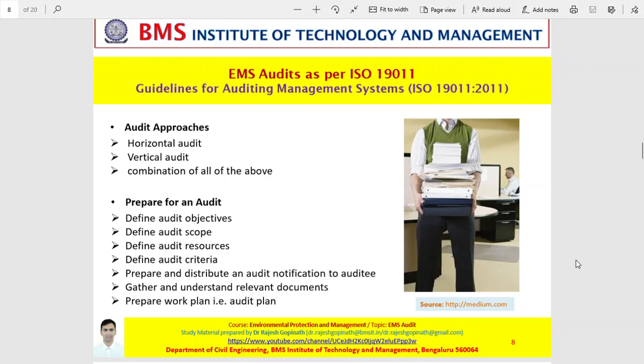While a horizontal audit is when the audit is carried out simultaneously, parallelly across different departments such as mechanical, civil, electrical, information science, MCA and so forth. However, depending on the scope of the audit, the time frame of the audit, the boundary of the audit, sometimes we can also go for combinations of horizontal and vertical.